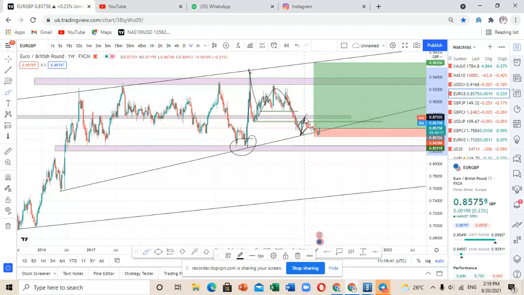Then it went above to this point of support that this time round is behaving as a point of resistance, was resisted by this region of resistance, and went again to retest this trend line here.